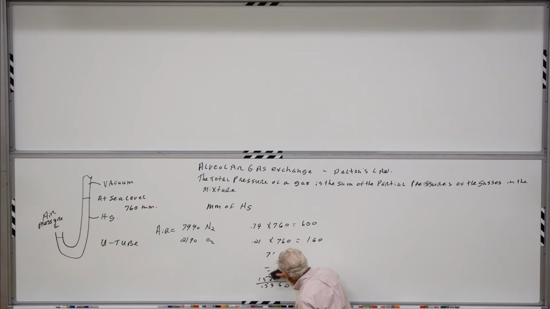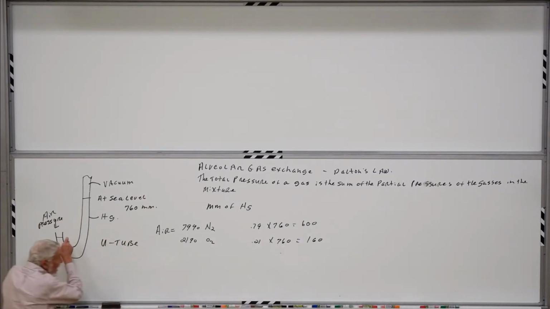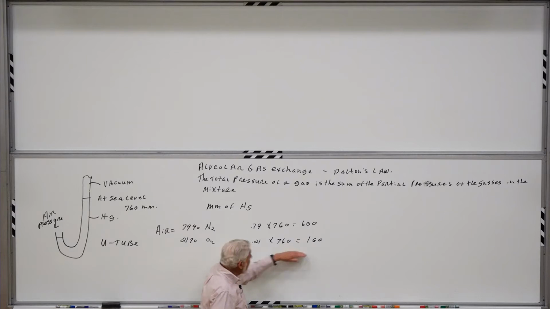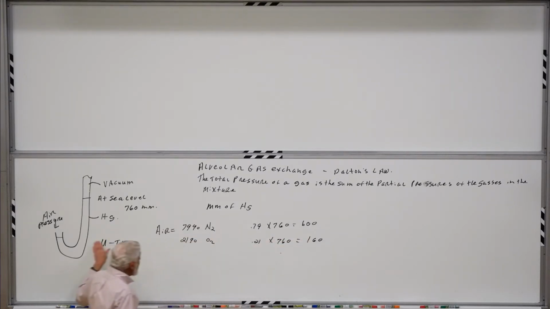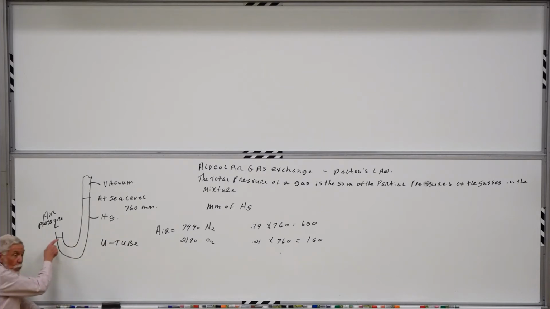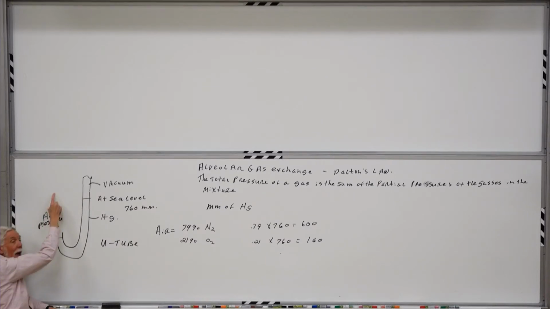And so that then tells us that the law of partial pressures is saying that 21% of the pressure, or 160 millimeters, is from oxygen, and the remainder is from nitrogen. We can run these same numbers, and I'll let you do that, but of course, since we are at altitude here, we're over 5,000 feet, then we have a smaller column of air above us going out into outer space, so there's less mass of that air above us.